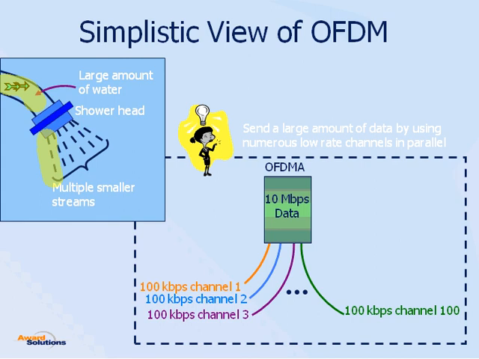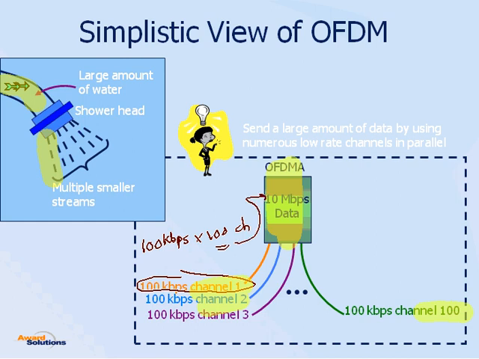In an OFDM system, large amount of data is sent using hundreds of radio channels. So in this example, we have channel 1, channel 2, all the way up to 100 channels. Each channel carries little bit of data. So let's say 100 kilobits per second, if we have only one channel. If we have allocated a user 100 such channels, then you will see that you have very high data.